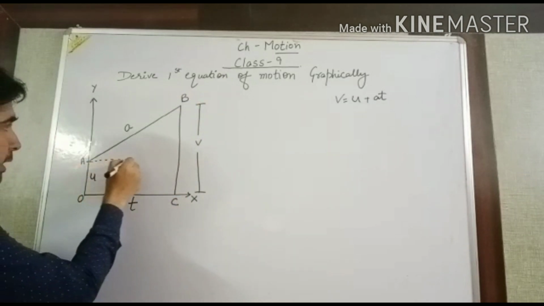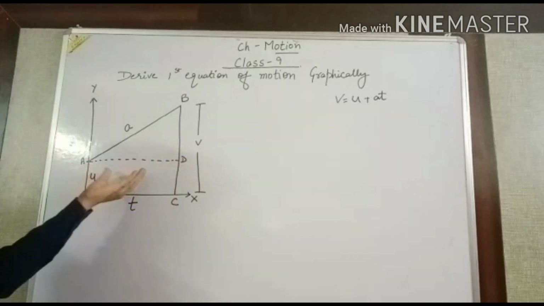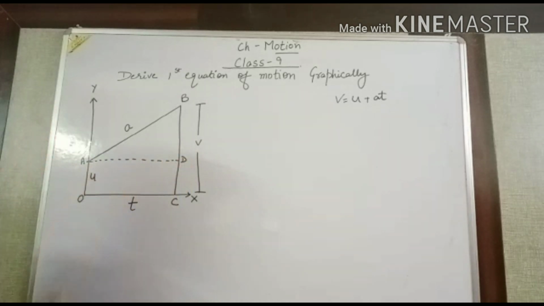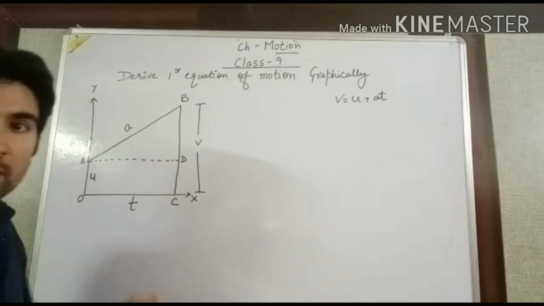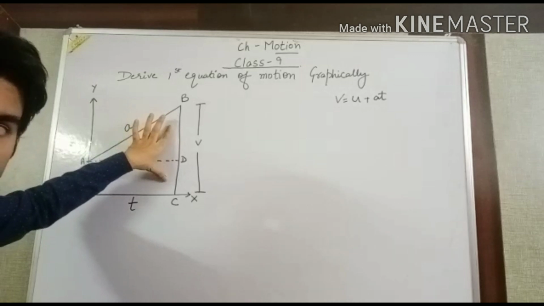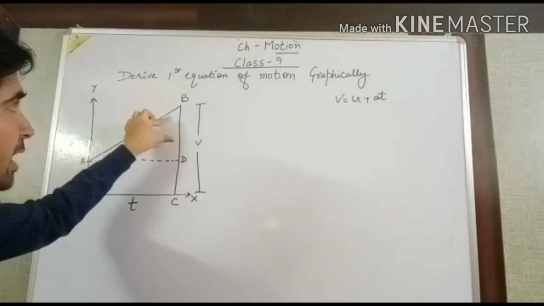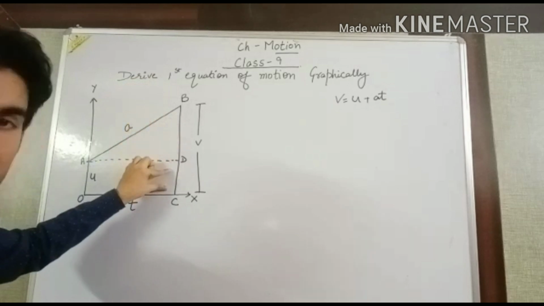Now we join A to D so that this will become a rectangle. Here we see that line BC is a combination of two line segments, BD and DC.